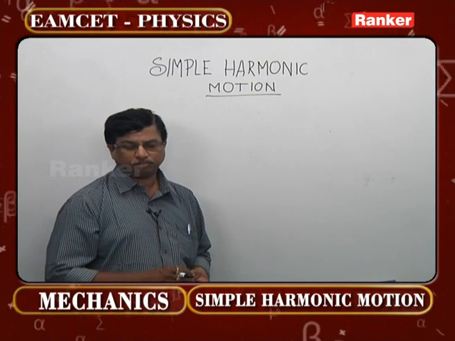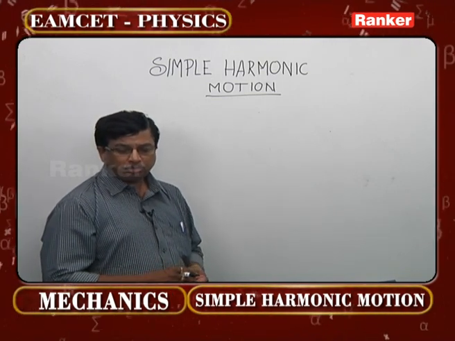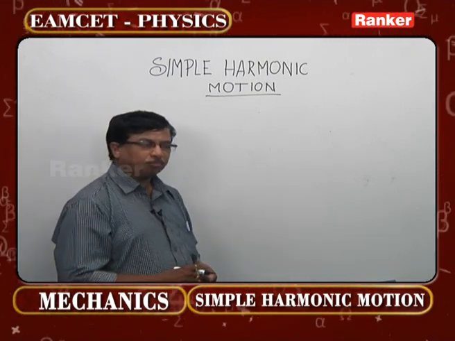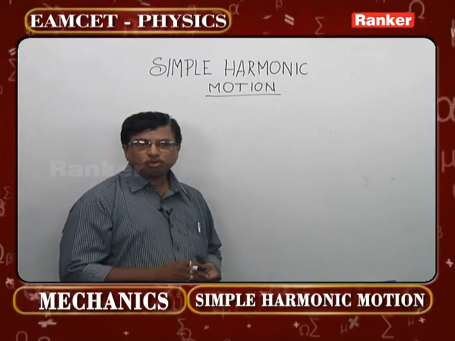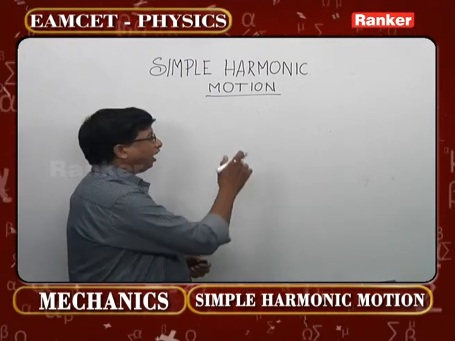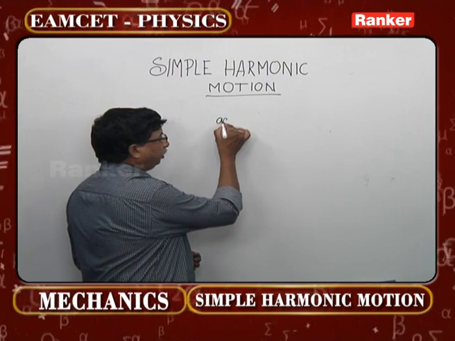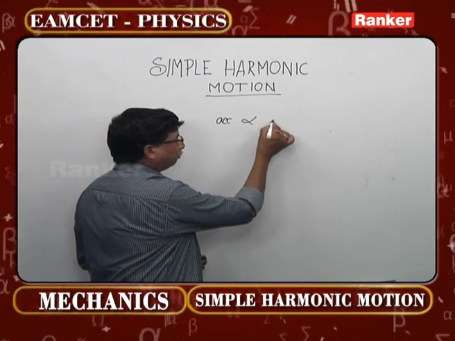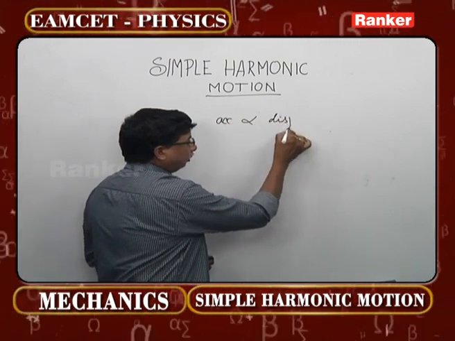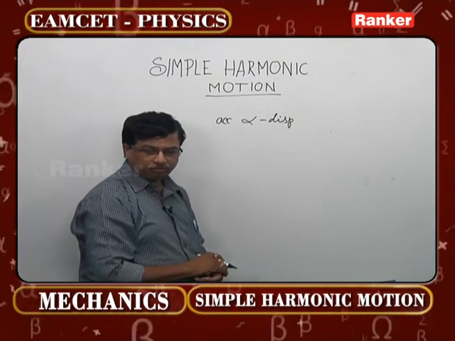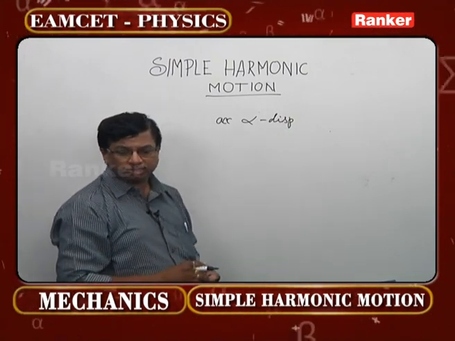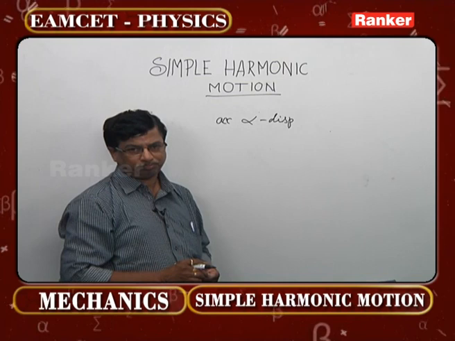I am Srinivasa Charyulu. Simple harmonic motion, generally speaking: if a body is in motion, when its acceleration is directly proportional to its displacement, taken in the opposite direction, then we can say the body's motion is simple harmonic by nature.